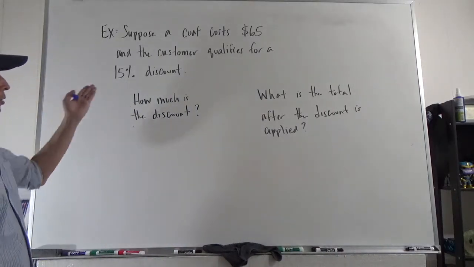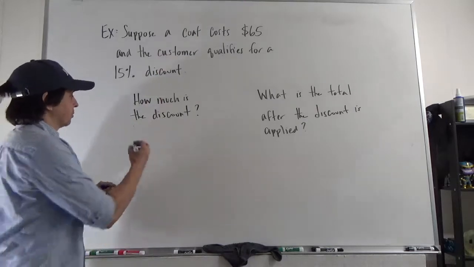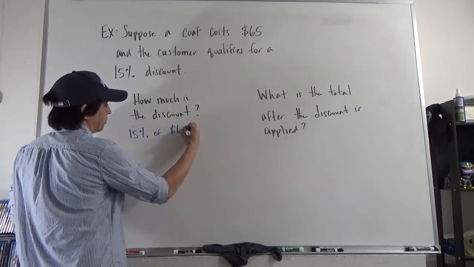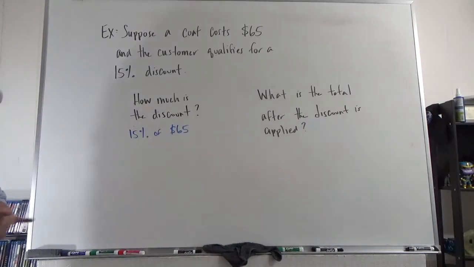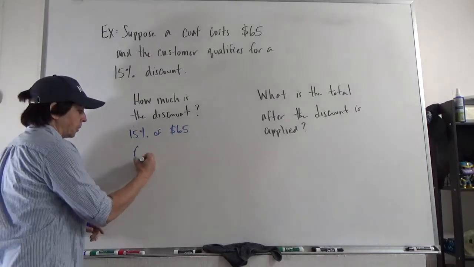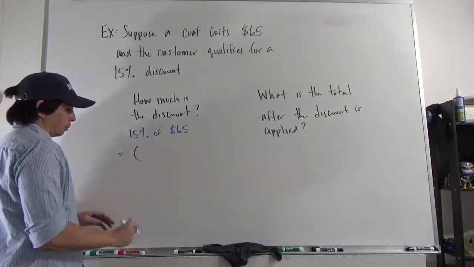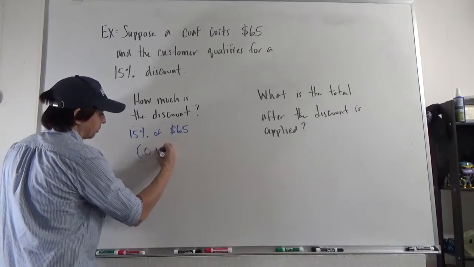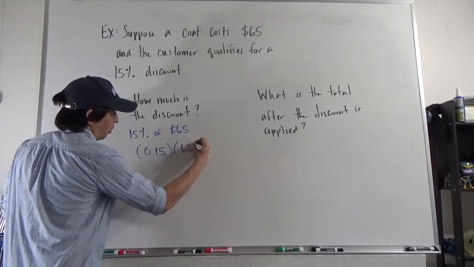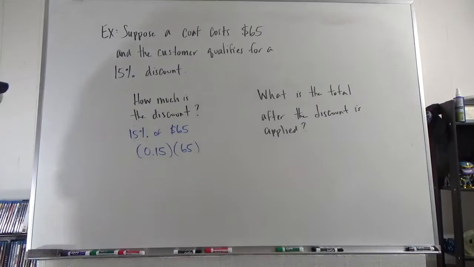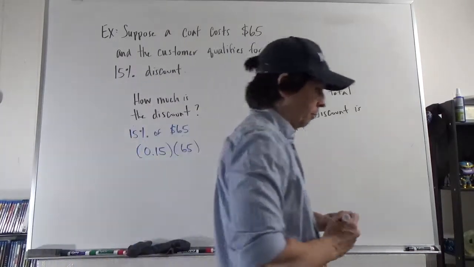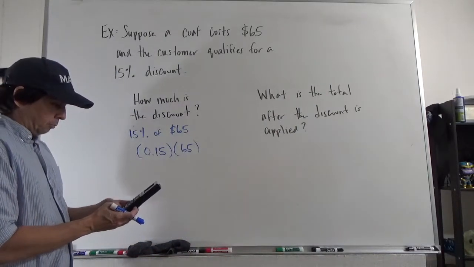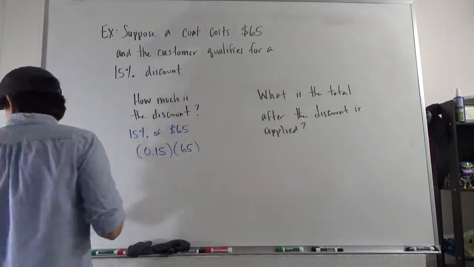All right, the discount is just 15% of 65. That is what we get off. It's percent of something. There's no need for me to set up an actual equation with an equals and the part, but we're looking for the part, and the part is equal to percent times the whole. $9.75.